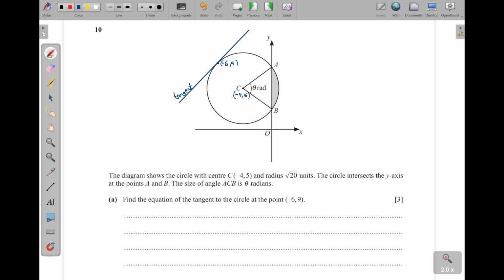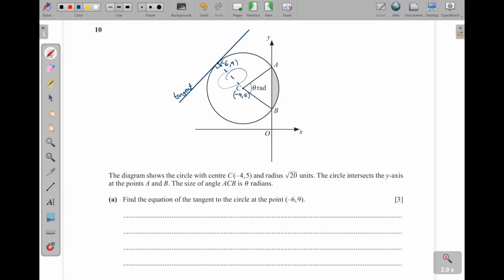So using circle theorems, we know that the tangent and the radius are perpendicular. Okay, they meet at right angles. So it is like that. Now I'm going to use these two points to find the gradient of this radius.